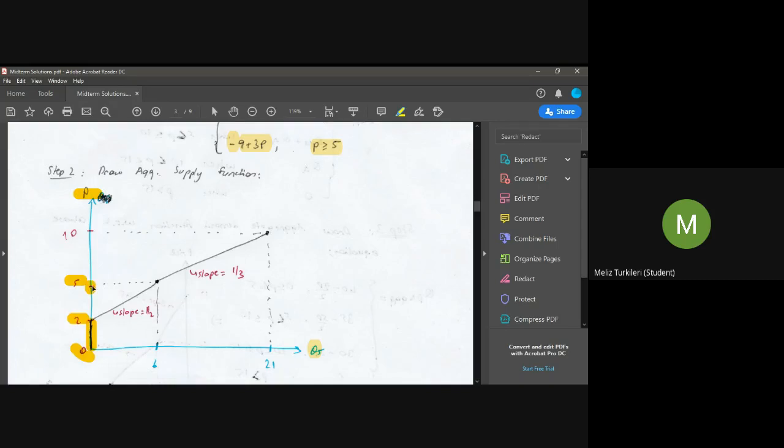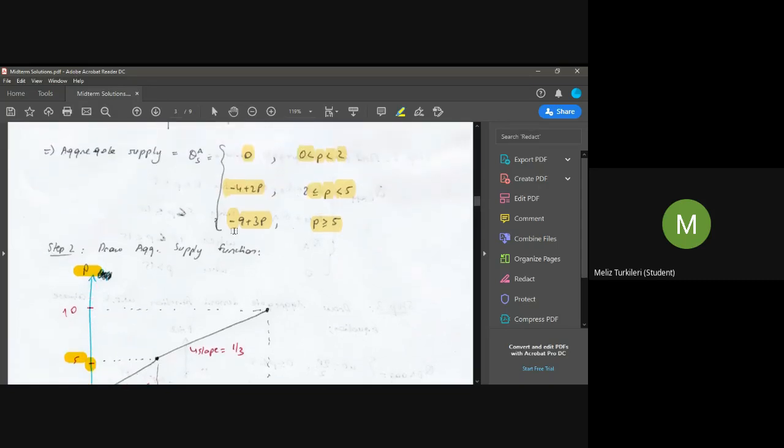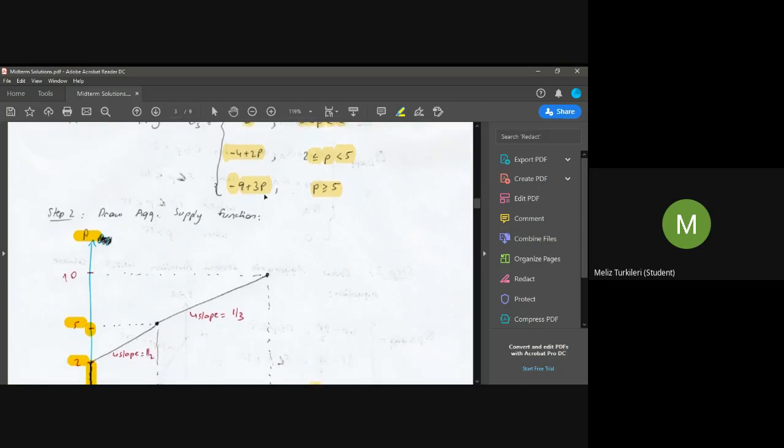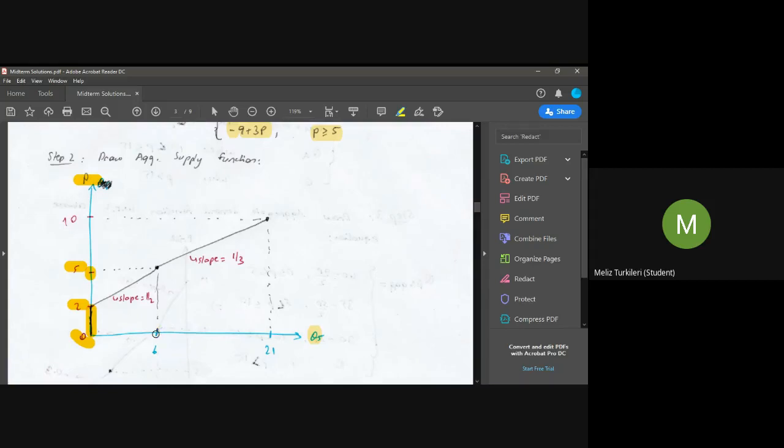Check from the graph. I need to use this equation to find the supply because when the price is equal to 5 or higher than 5, this equation is the true one. So plug 5 into this equation. This part will be 15. 15 minus 9 should be equal to 6.